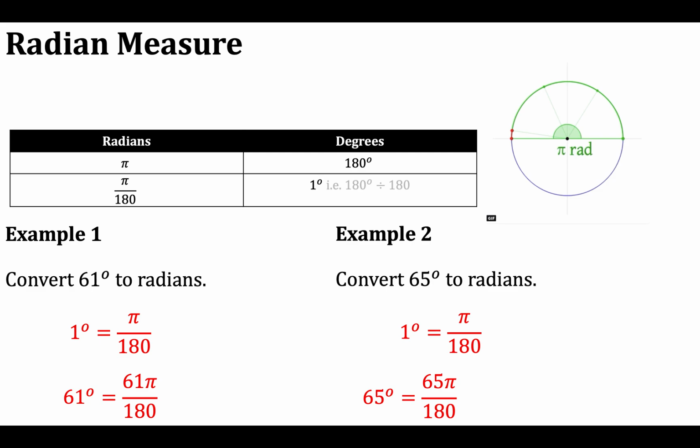Now, you might notice this time that this one simplifies. That's 65 over 180. So that will simplify dividing both numerator and denominator by 5. And that gets us 13 pi over 36. So that's 65 degrees in radians is 13 pi over 36.